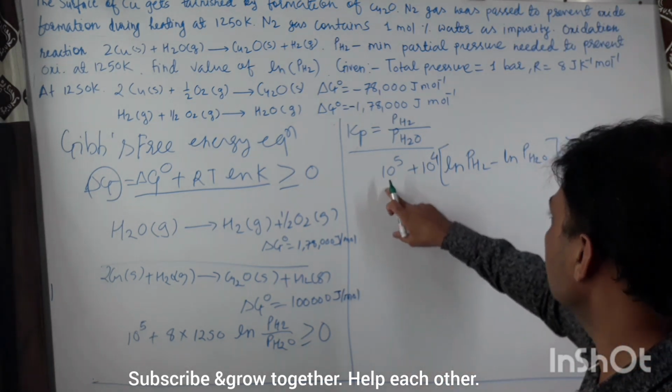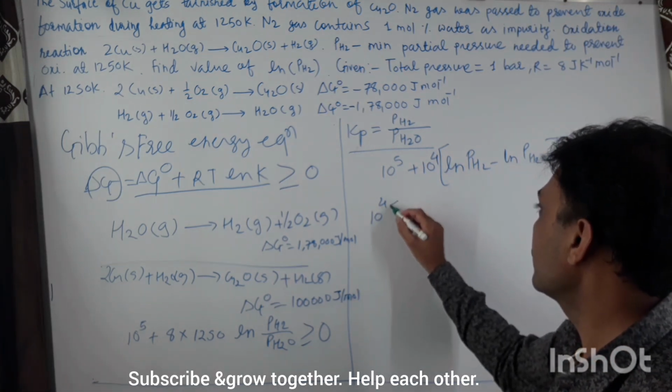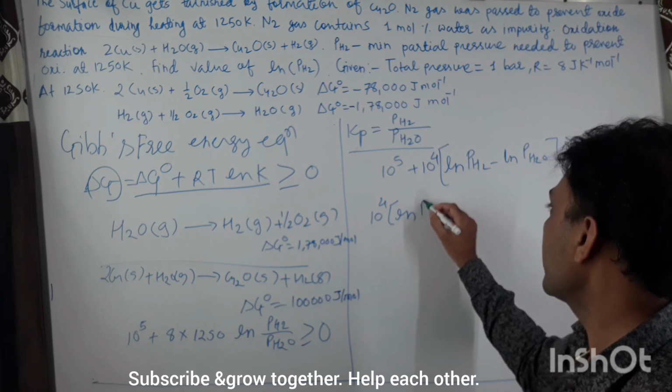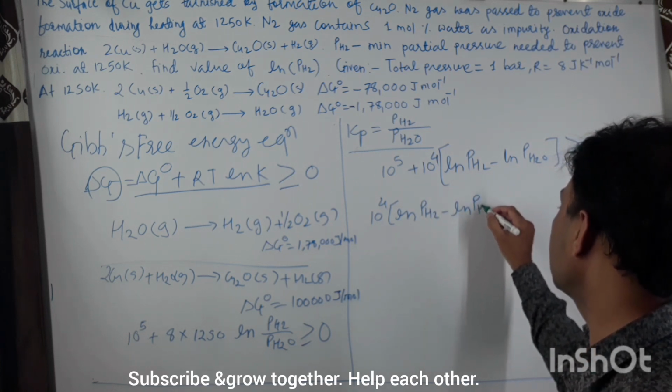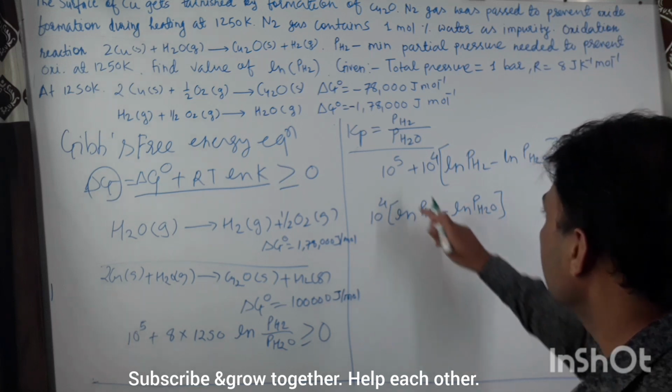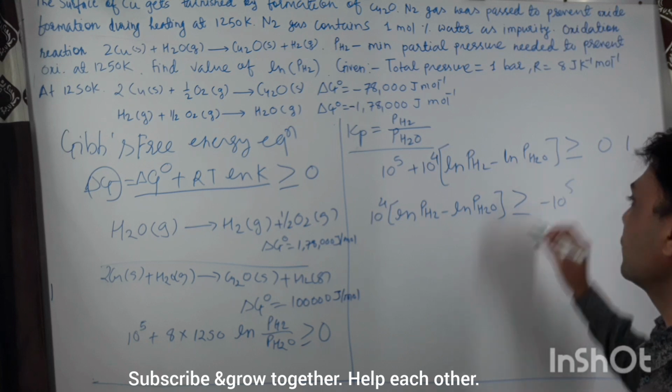This is another term, so this will go this side. So here will become 10 raised to power 4 into ln partial pressure of H2 minus ln partial pressure of H2O. Okay, it will go this side, minus 10 raised to power 5.